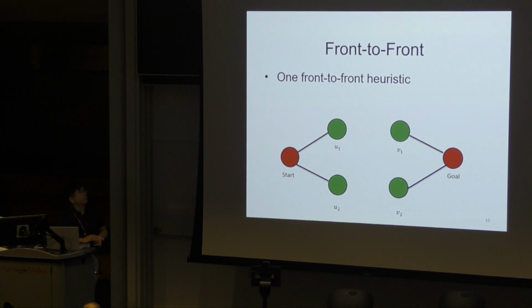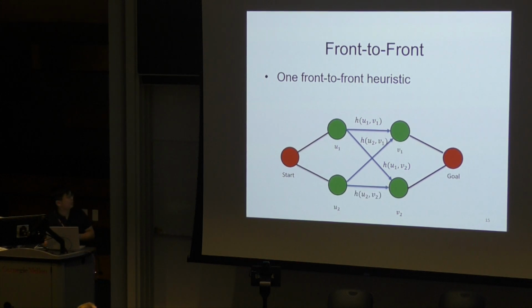For the bidirectional algorithm, we have some states on the open list, and we know their g-cost. The question for the algorithm is that we want a complete path from start to goal, so how do we estimate the remaining costs? One approach is to use a front-to-front heuristic. We directly estimate costs from any pair of nodes of the frontier. In this case, we have an edge cost function estimating u1, v1, u1, v2, and so forth. Typically, there will be n squared such values.